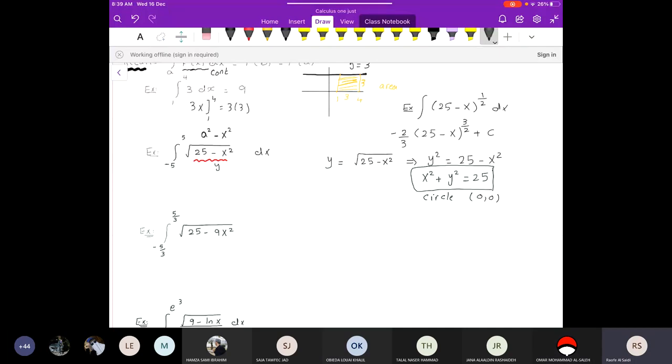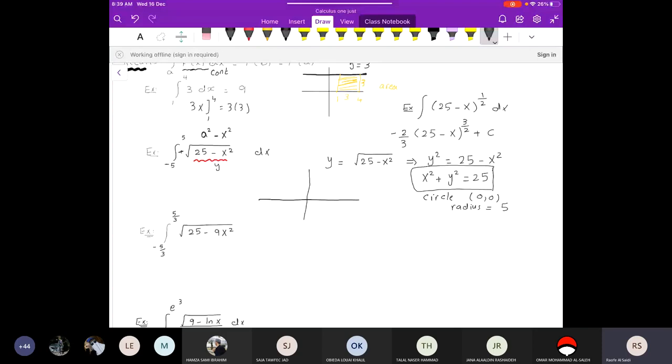Now we want to sketch this graph. Notice we have the square root, plus, which means we sketch only the upper half of the circle. This point is 5, 0 because the center is 0, 0. This point is -5, 0 and this point is 0, 5.